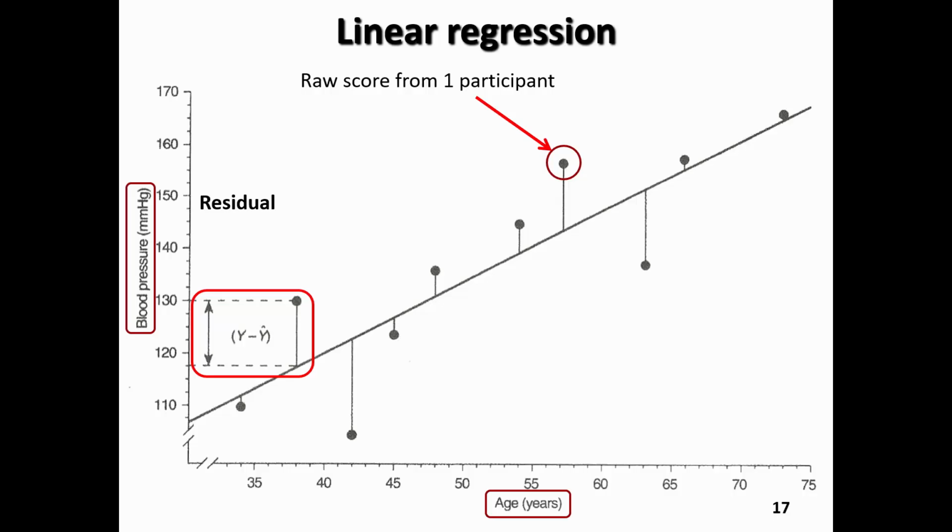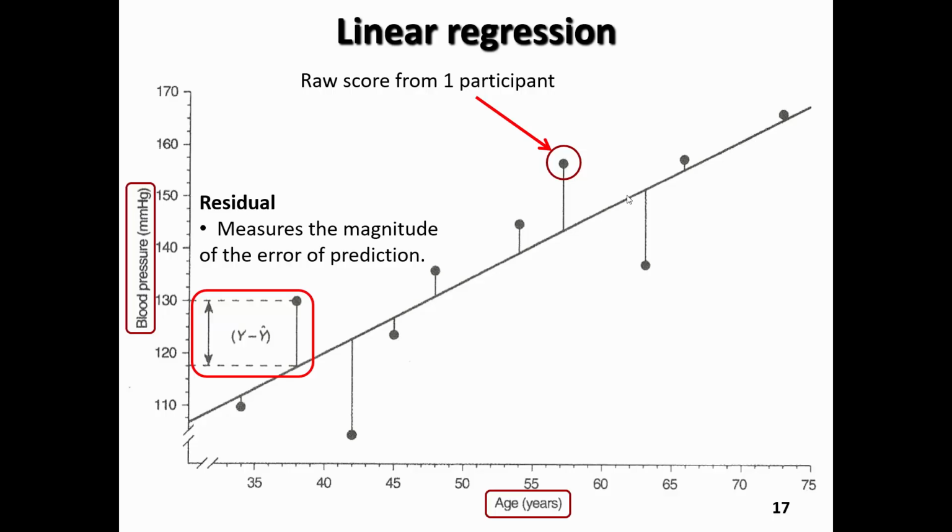The line represents the average value at that particular x value, and the distance between the raw point and the line is our residual, which measures the magnitude of the error in the prediction. You can see that it's not going to be consistent, so we have different residuals across the full spectrum.